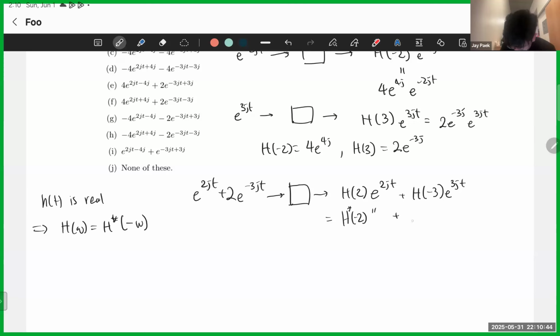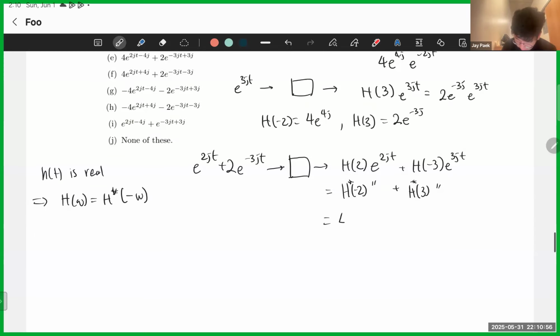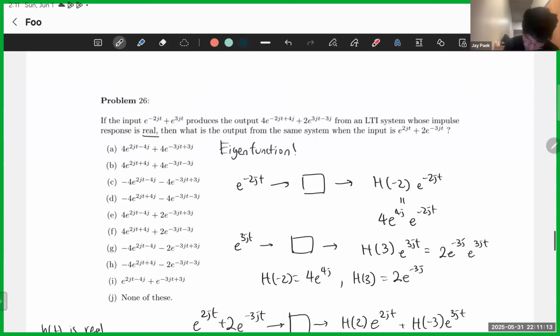Same thing as before, h of 3 conjugate. And we can obtain the conjugates by just taking the negative of the exponent, because that's how Euler form works. And we obtain our final answer very quickly. And thus we obtain our answer.